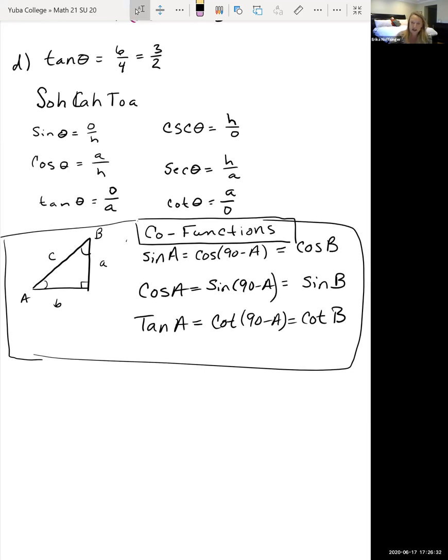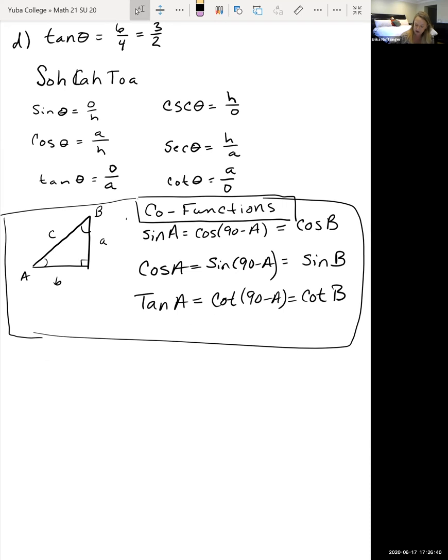We also looked at the Pythagorean theorem that would help us find a missing side of a triangle. We looked at that tangent theta could be rewritten in terms of sine and cosine. All the trig functions other than sine and cosine could be written in terms of sine and cosine.